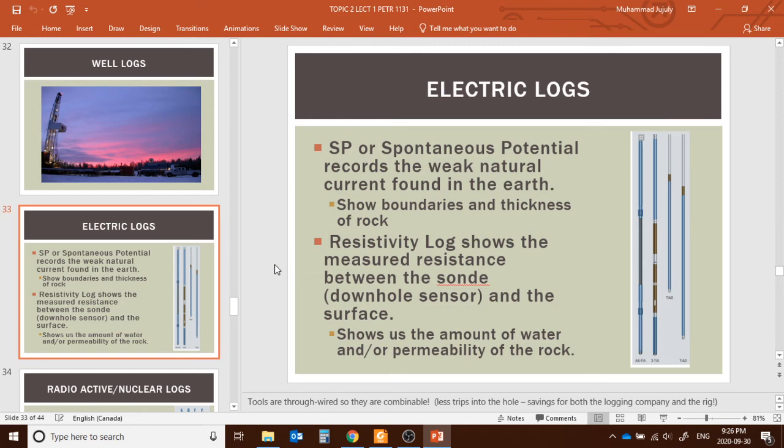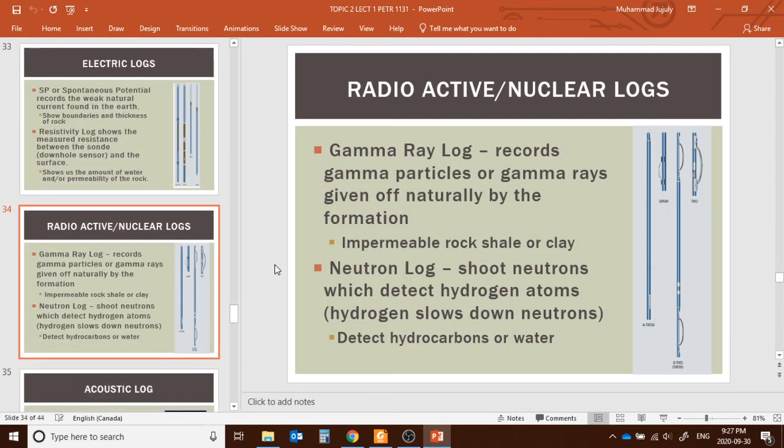For instance, if the signal shows less presence of water, that means the aquifer is not permeable at all, okay. But if it shows more presence of water in that aquifer, that gives us the information that the porosity and the permeability of the rock is higher, okay. So that is the kind of information the electric logs could give us.